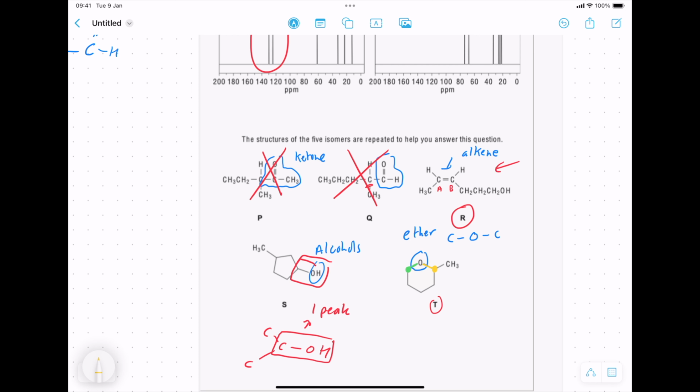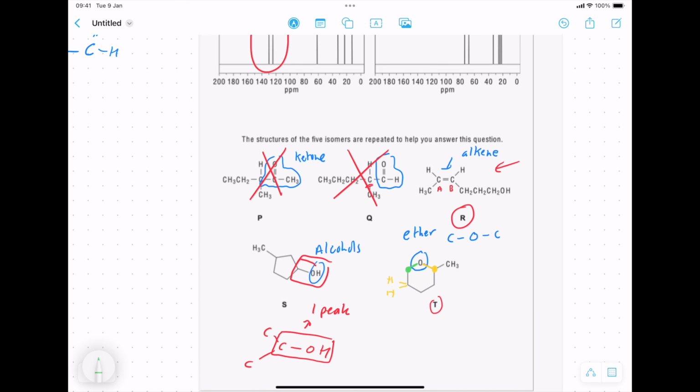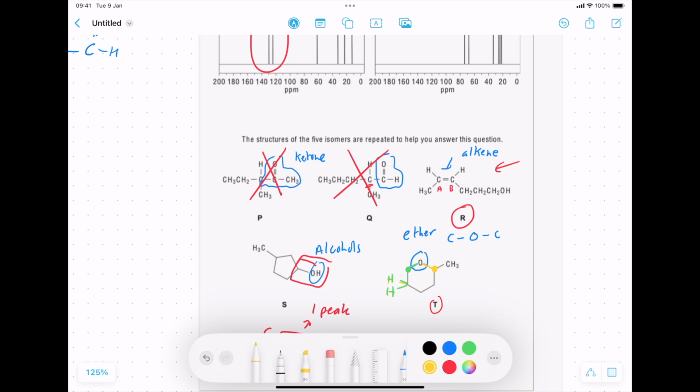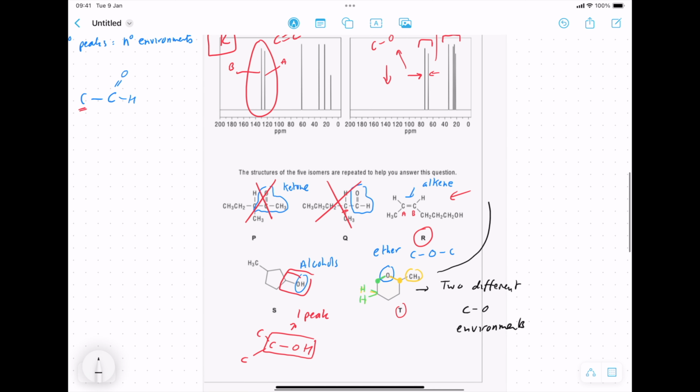Because the green one is a C-O bond which is directly attached to a CH2 group, whereas the other carbon in yellow is attached to a CH3 group. So chemically, it's not the same environment. They're not identical, and because they're not identical, you're going to have a different peak for each one. So that means T must be that one there.